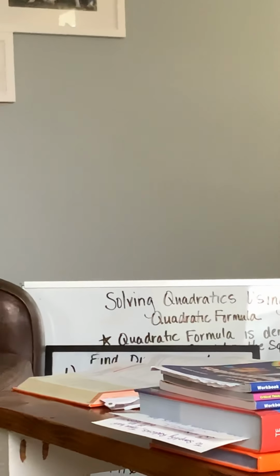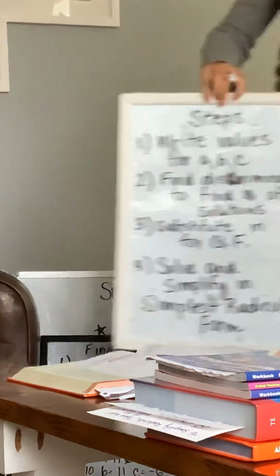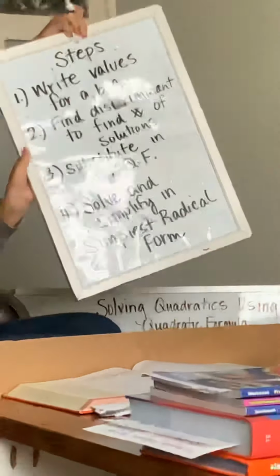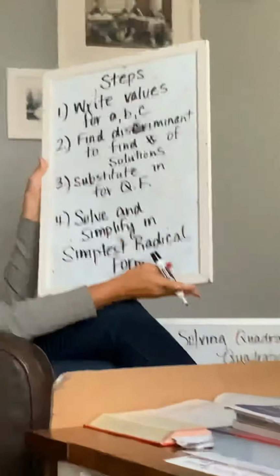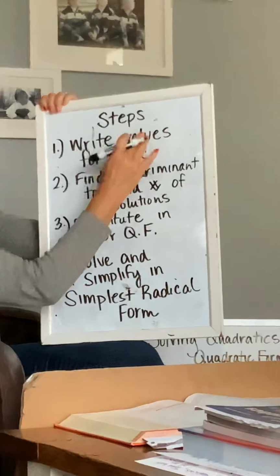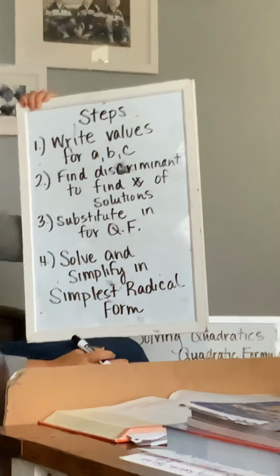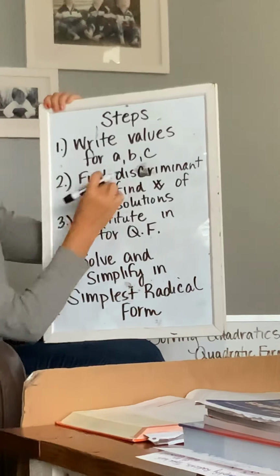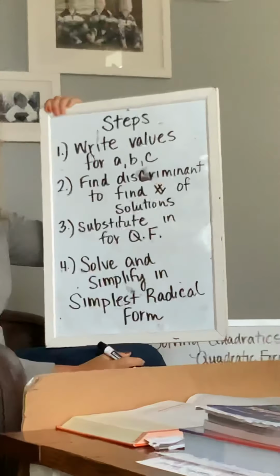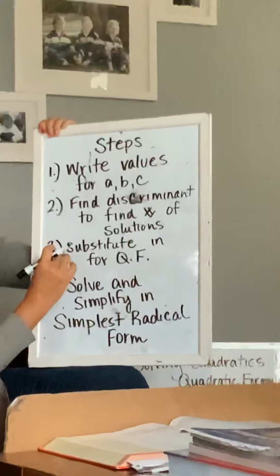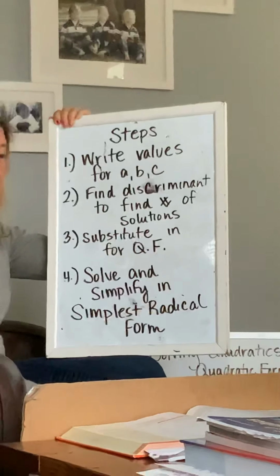So I put the steps down and then we'll solve. Okay, so our steps. When we're solving the quadratic formula: 1, write your values for A, B, and C. Second step, find your discriminant to find the number of solutions. 3, substitute in for the quadratic formula.